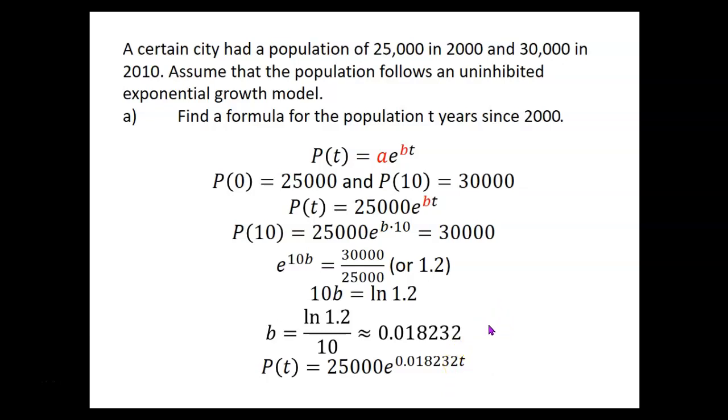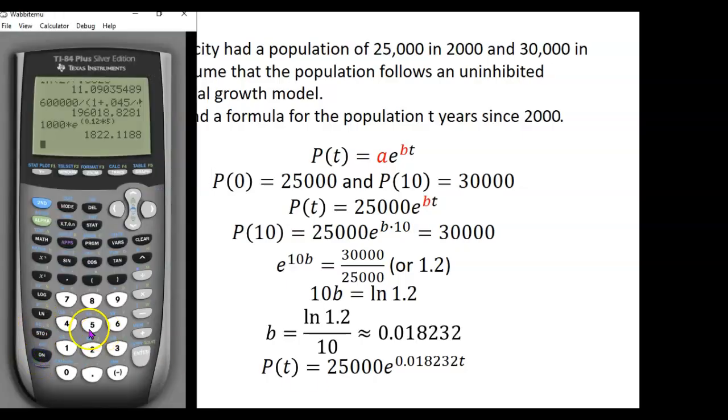Now here's a little hint if you're doing this on your calculator. When we calculated the value of b, I put it in as the ln of 1.2 divided by 10, and the calculator told me that that is 0.01823215557.